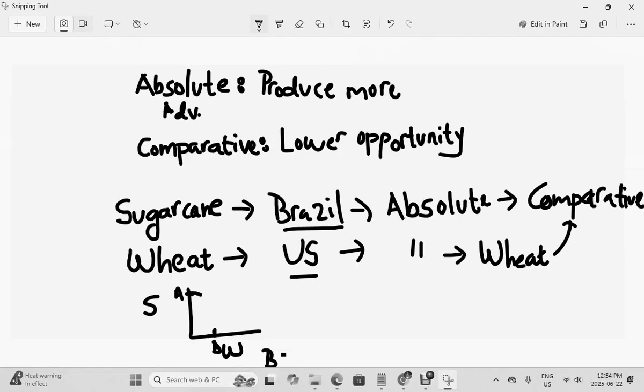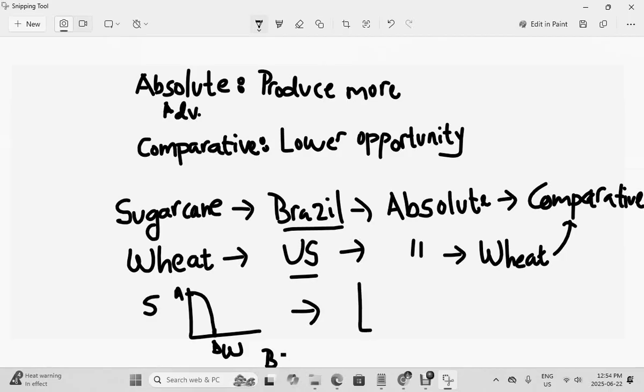In that case, the opportunity cost of producing wheat is higher in Brazil compared to the opportunity cost of producing sugarcane, because you have a lot of land that you can allocate for sugarcane, but not a lot for wheat in Brazil. This is the opposite in the US.